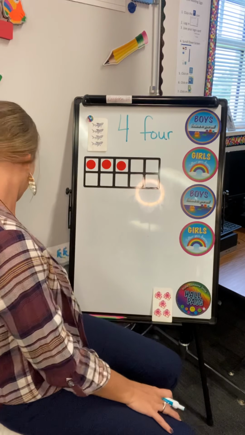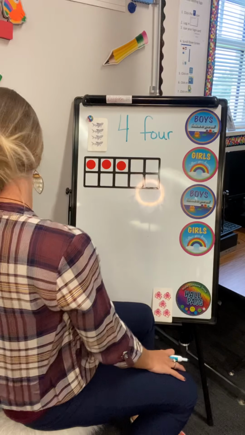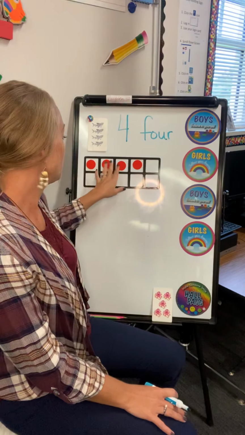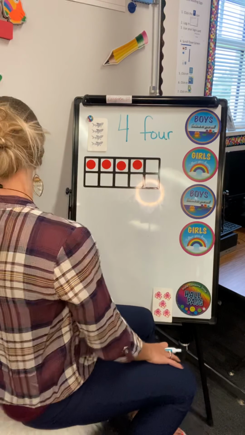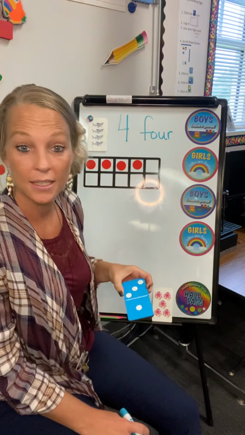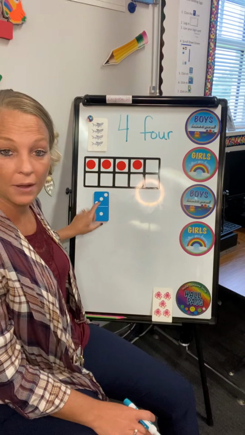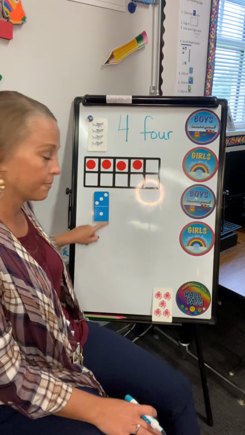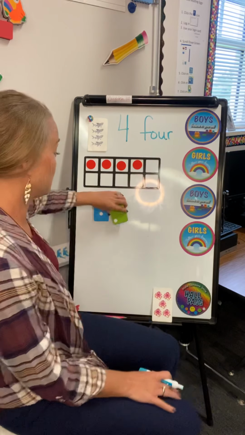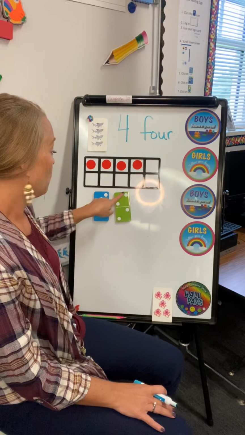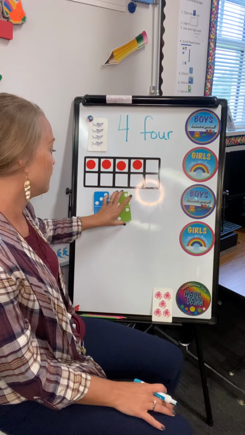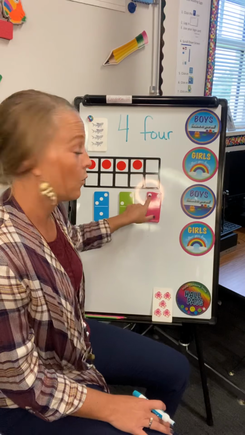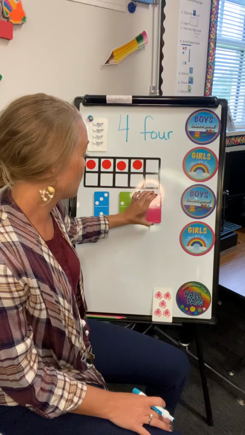Adding 1 more, and now I have 1, 2, 3, 4. And if we look at my domino, I have 1, 2, 3, 4. There's another way you can show 4 on a domino, and also a 4 and a 0.